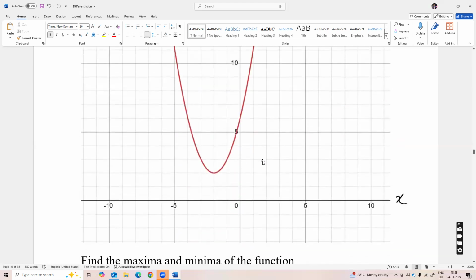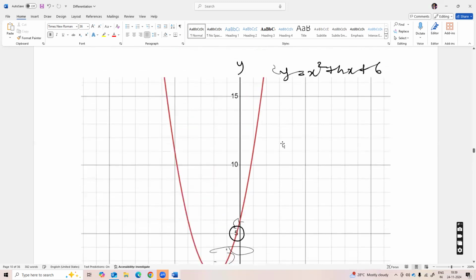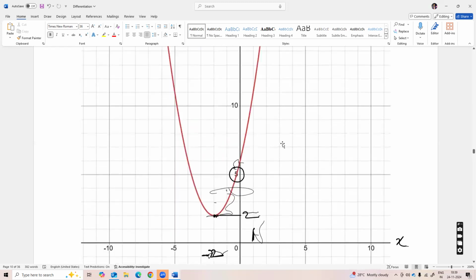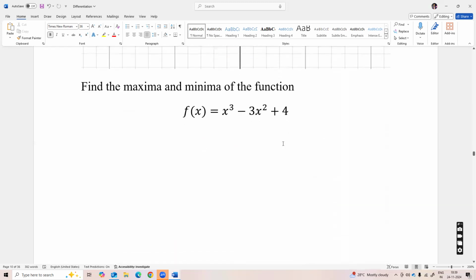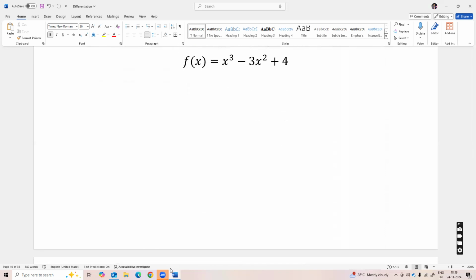As you can see, there is only one minimum point, which is at x equal to -2, and the minimum value is equal to 2, because here it is 5 and each division is 1. So whatever we have solved mathematically, we are seeing on the graph. I will give one more example for this.